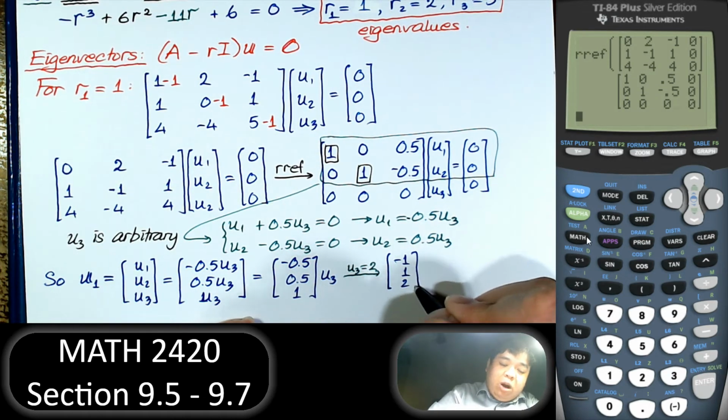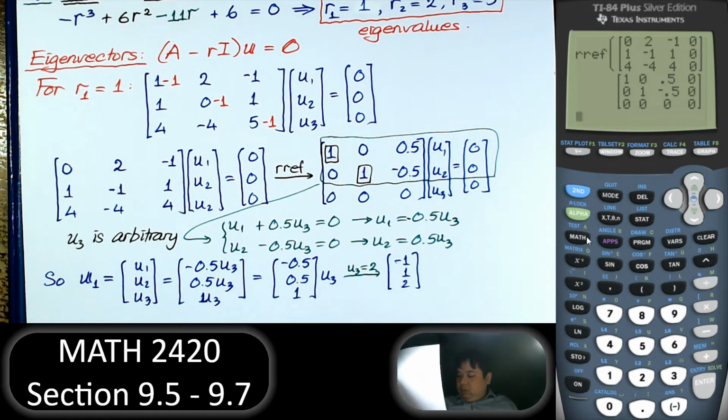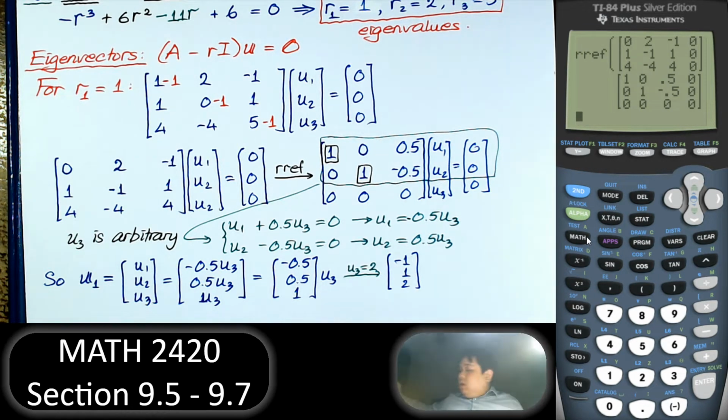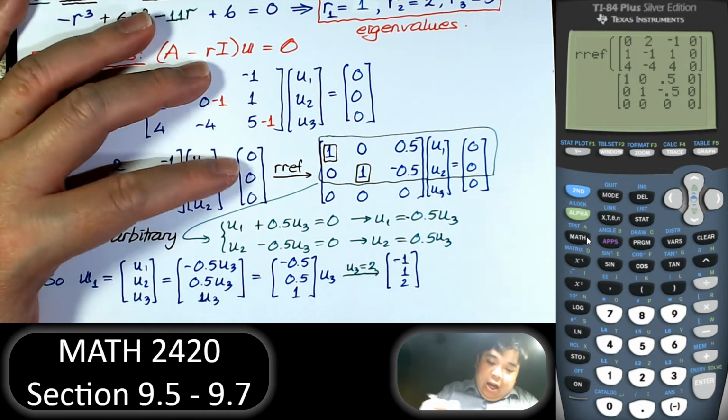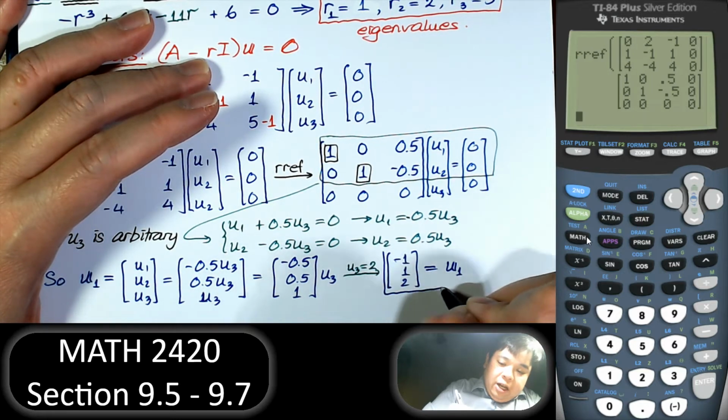So negative 1, 1 and 2. Right. So that is the eigenvector U1.